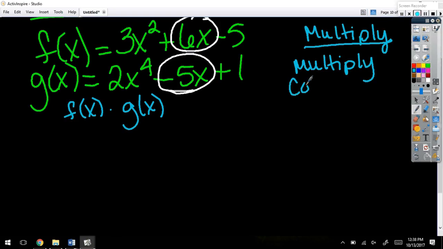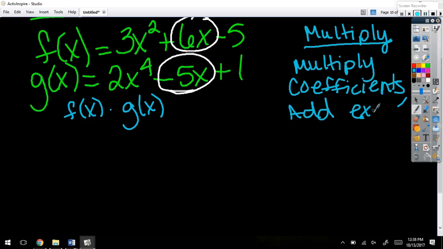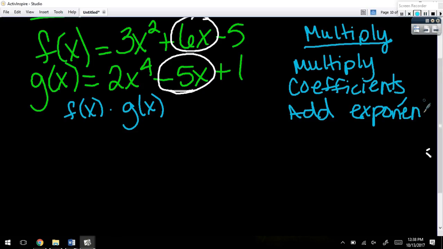Multiply the coefficients and add the exponents. You do, but when you start doing everything together, everybody always starts getting mixed up. So it's good to have a little reference to remember.